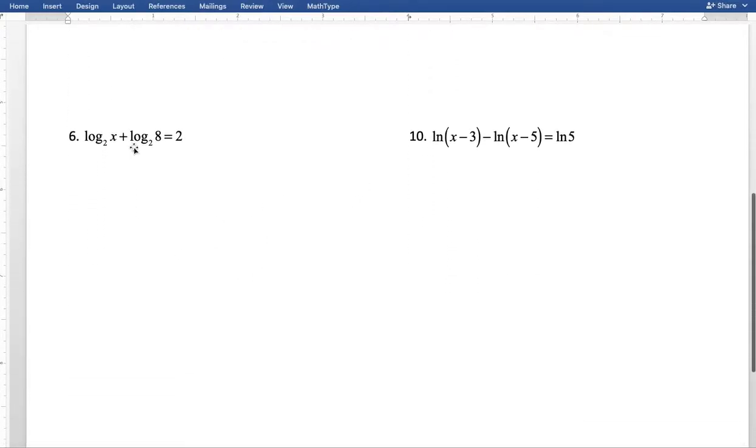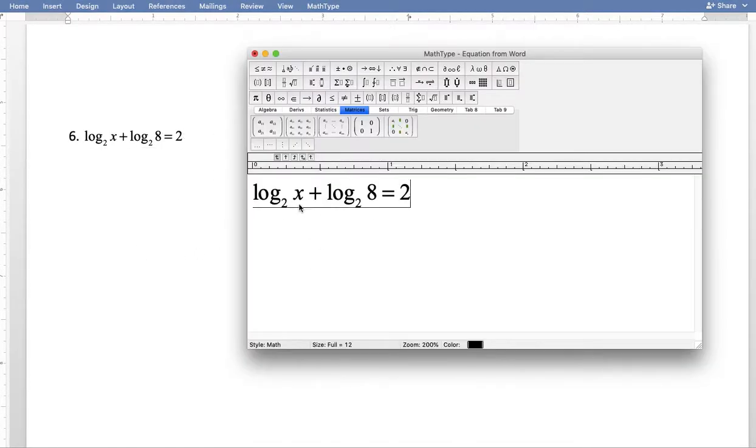Going to move on to number 6, just as another example. Here we've got log base 2 of x plus log base 2 of 8 equals 2. We've got two logs on the left side, but we have a numerical value on the right side. With the two log expressions, I'm going to combine those using properties of logarithms. We have the same base, so we can combine these.